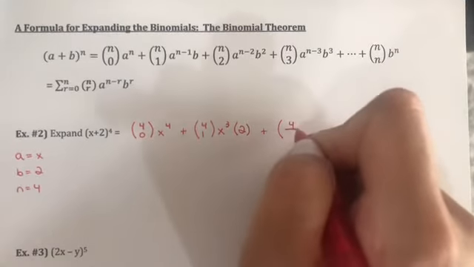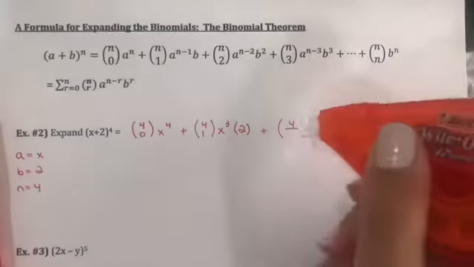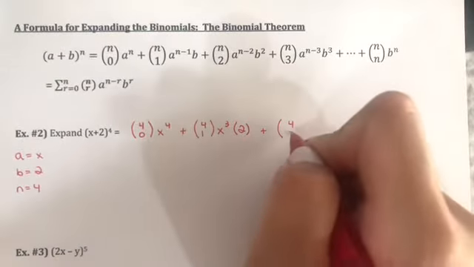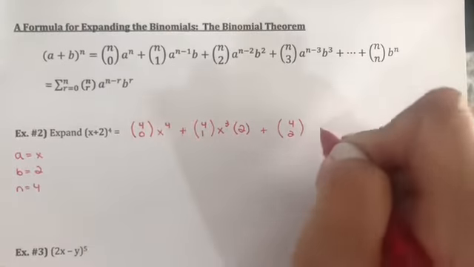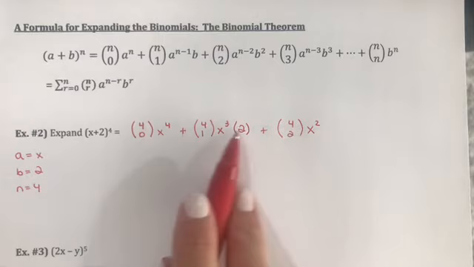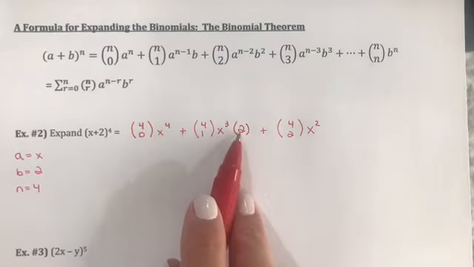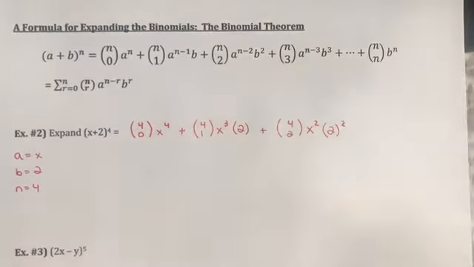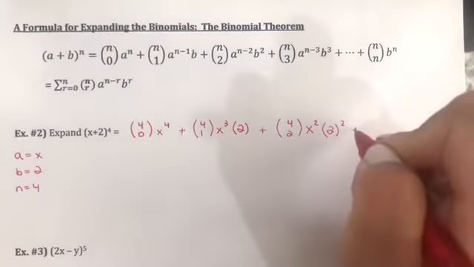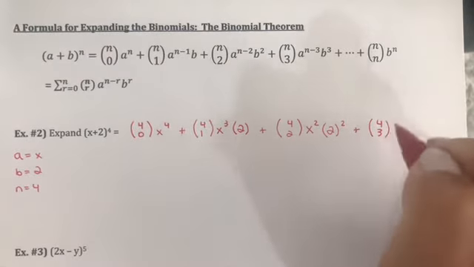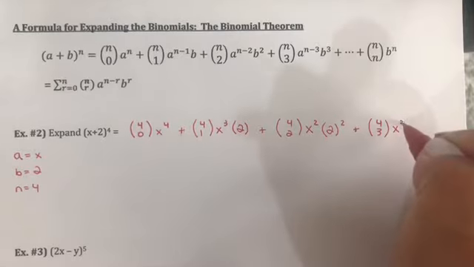I've got 4 over 2, I'm used to doing fractions here, and then we're going to have x squared. It's 1 degree less for the x, 1 degree more for the b. So we're going to have 2 to the second power, okay? Next I've got 4 over 3, x to the third.